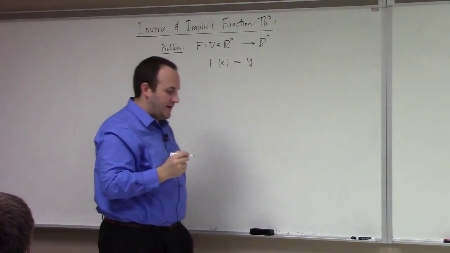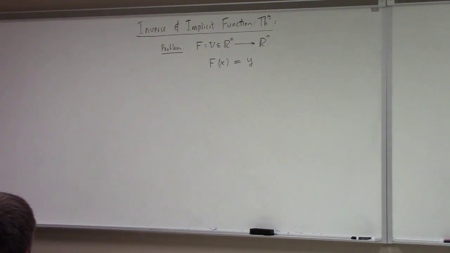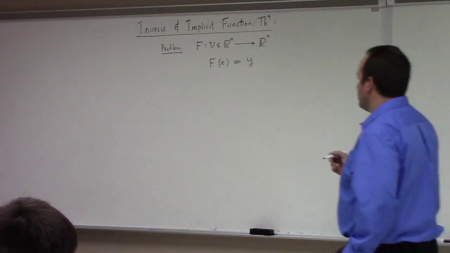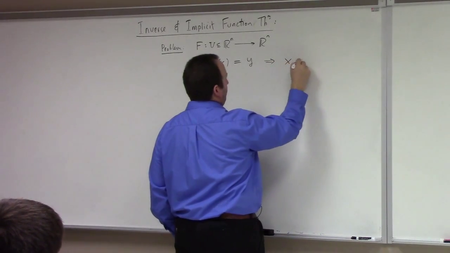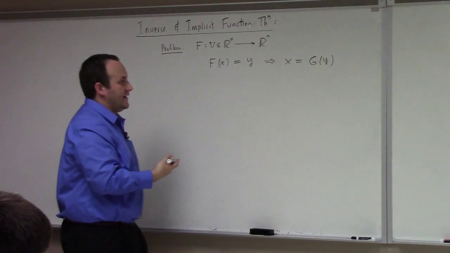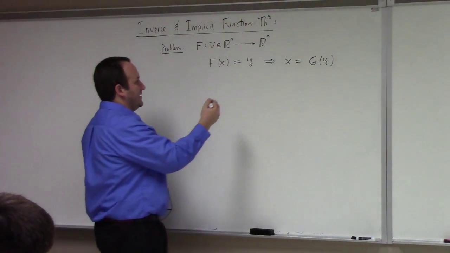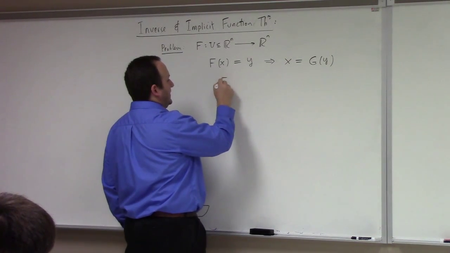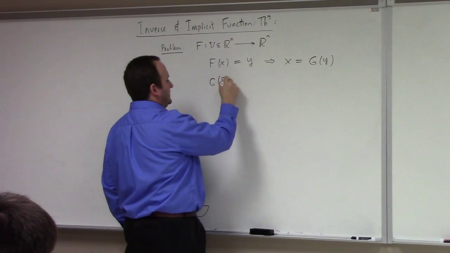But keep in mind here that x and y are n-vectors, right? The question is, when can we solve for x? If I can solve for x as some other function of y, right? If I can do that, this new function g is the inverse function, right? Because then you'd have g of f of x equals what?